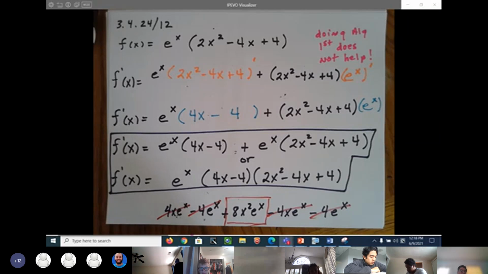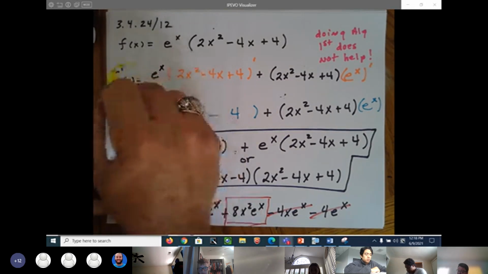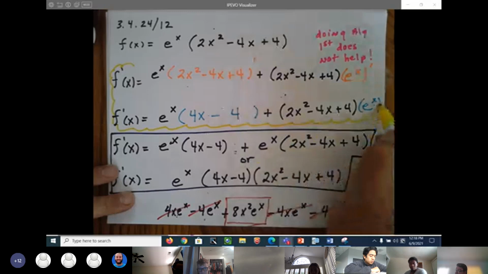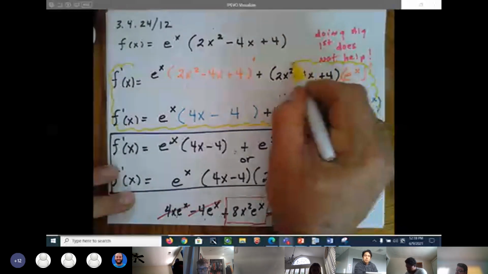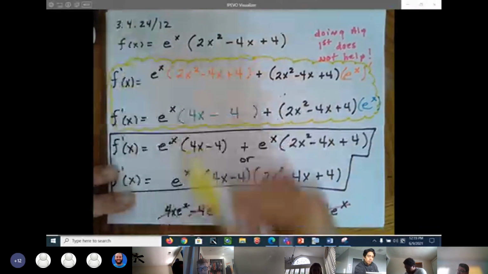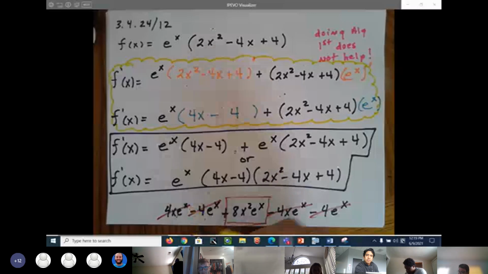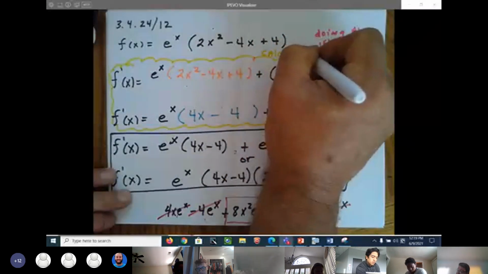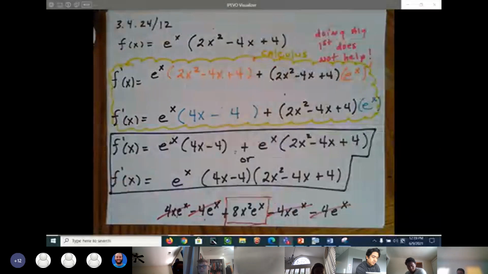Now I'm going to take my yellow marker, and what am I going to do? I'm going to highlight this right here. What does that yellow highlight represent? Calculus. And the rest of the problem is what?